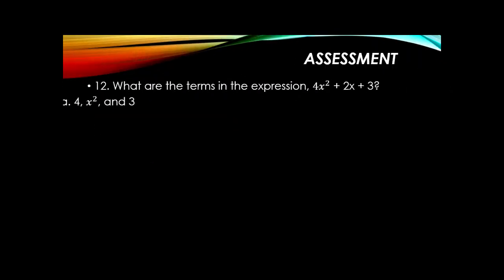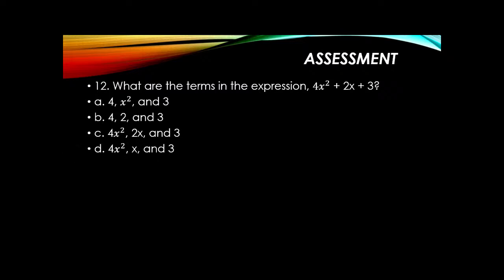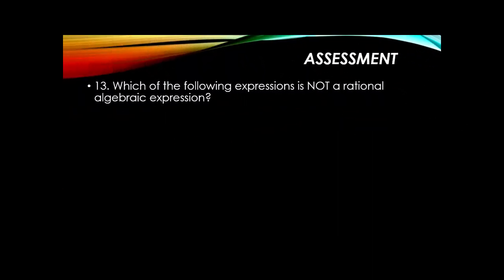Letter A. Number 12. What are the terms in the expression 4x squared plus 2x plus 3? What are the terms? Okay, the terms are 4x squared, 2x, and 3. Letter C. Number 13.